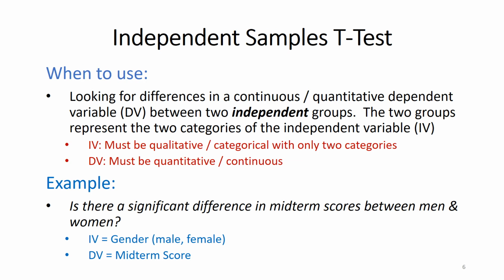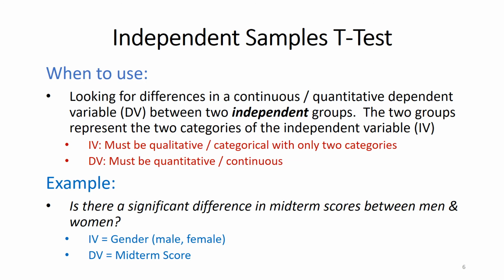So to recap quickly, in an independent samples t-test, the independent variable must be a qualitative variable that is limited to two categories. The dependent variable must be a quantitative variable, and that's what we're going to see in our examples. So let's take a look at a quick example here.